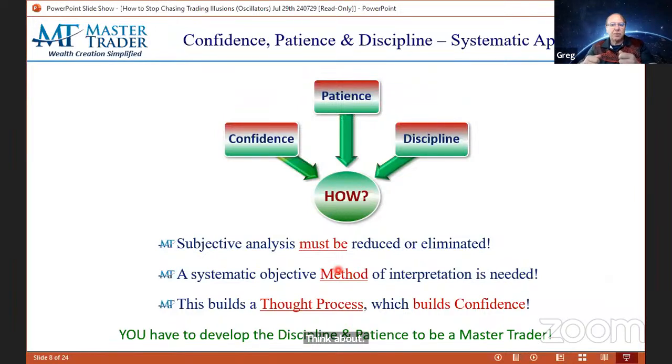And if you're utilizing those things, of course, you're making an attempt to have subjective information reach a point where it is creating thoughts in alignment. And then those thoughts, will you accept those thoughts?